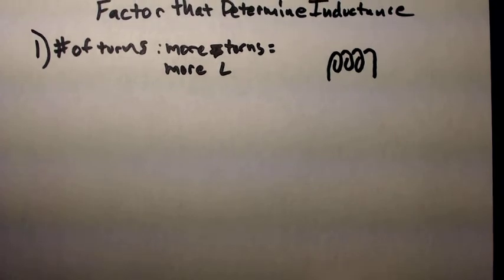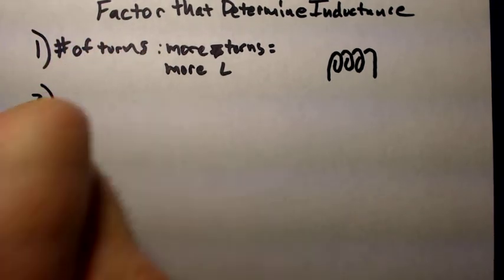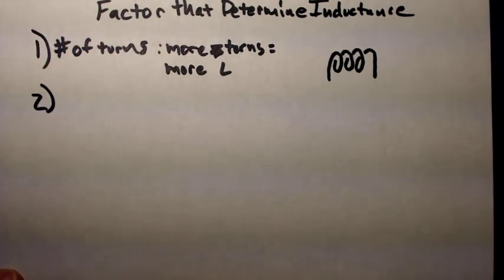Okay, next factor that can affect the amount of inductance an inductor exhibits: the cross-sectional area of each one of these coils, of each one of these turns.